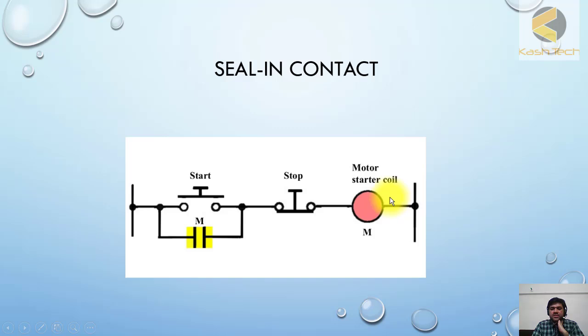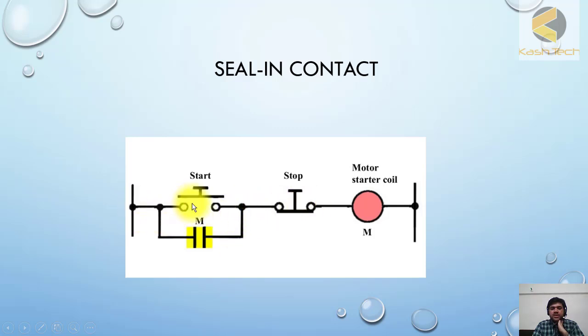and this starter coil, or this auxiliary relay, is picked up through DC. When this is picked up, energized, this contact will become closed, and now the circuit is sealed in through this contact. So this contact is called a seal-in contact.